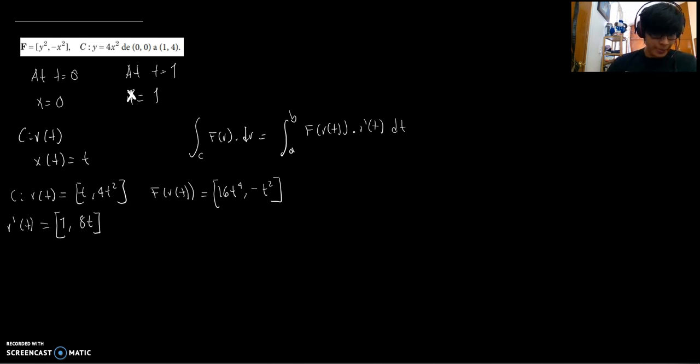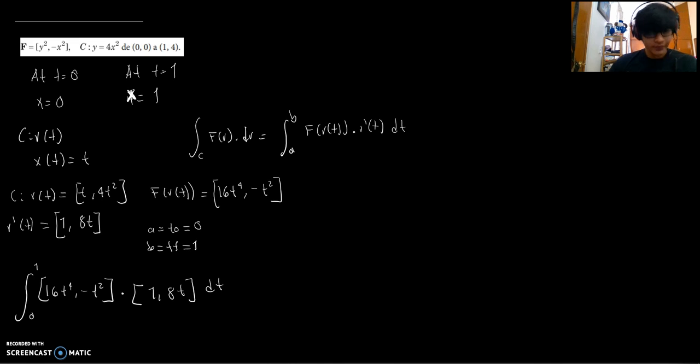Now we know that the initial value will be the time 0, equal to 0, and the last value will be the final time, which is equal to 1, and hence the integral will be as this: 16t to the fourth minus t squared, the dot product of that with (1, 8t), dt.